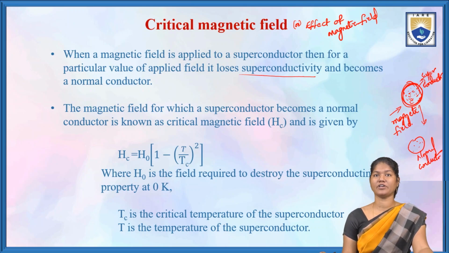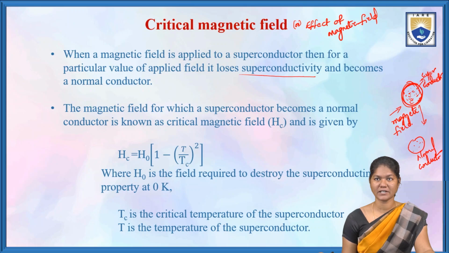The magnetic field for which a superconductor becomes a normal conductor is known as the critical magnetic field, denoted by Hc and given by the expression Hc equals H naught into (1 minus T by Tc) whole square.